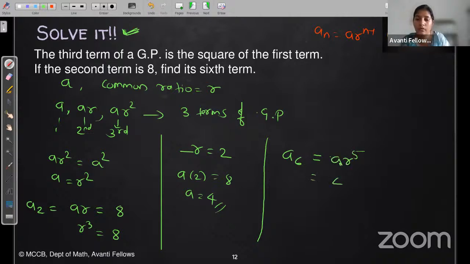So it's going to be 4 into 2 raised to 5. Fine. So that is nothing but 128. So is it clear to you all? Any doubt in this? Please do respond in the chat box if you have any doubt. Well, okay, if this is clear to you all, then we'll move on.